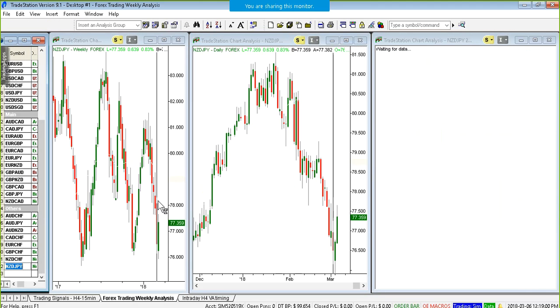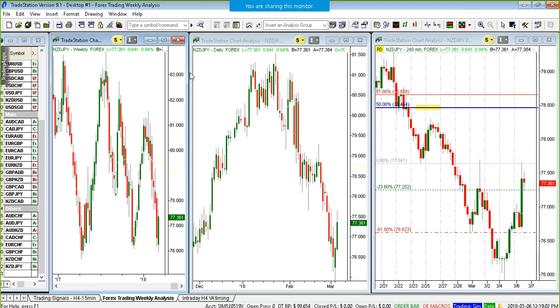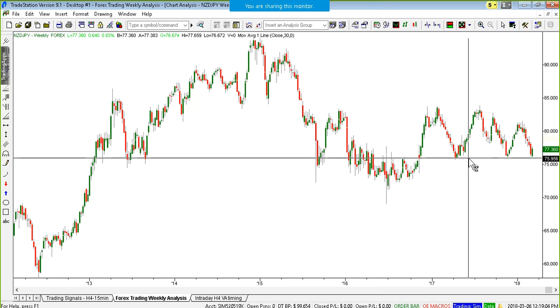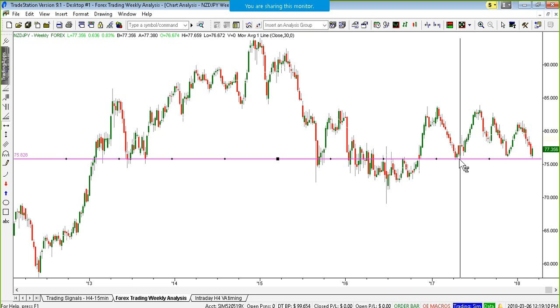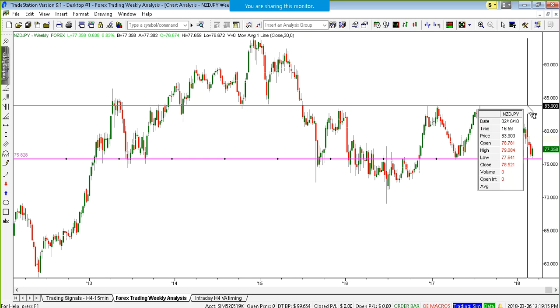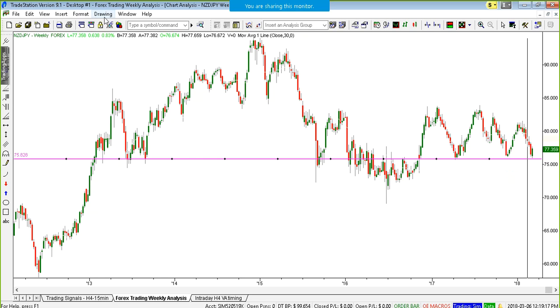And finally, New Zealand dollar Japanese yen. We see the same behaviors in these markets that are all range bound, and so now that the bottom of the range has traded, the top of the range comes into play.